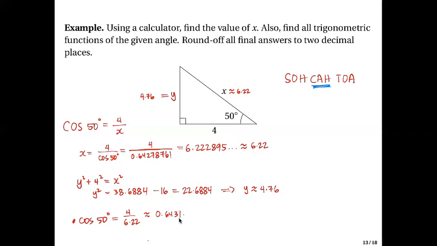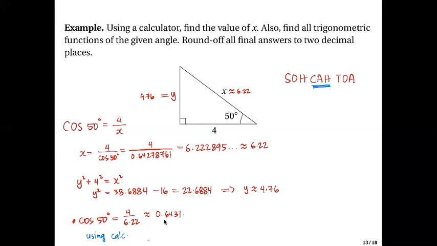Okay? Using calculator, we have solved it. Look at this, 0.64278. And look at that rounding error. Okay?